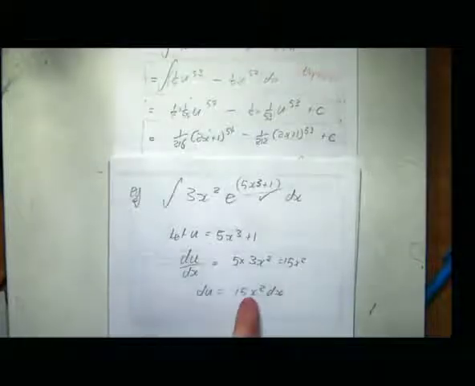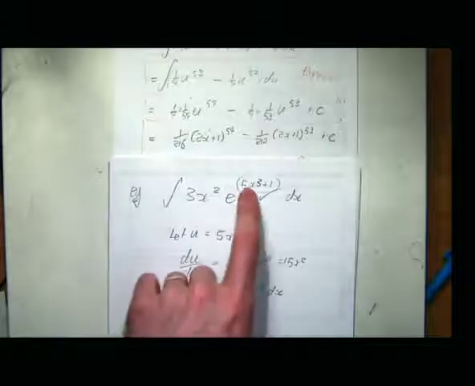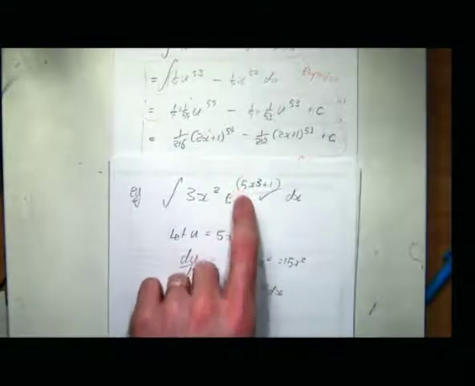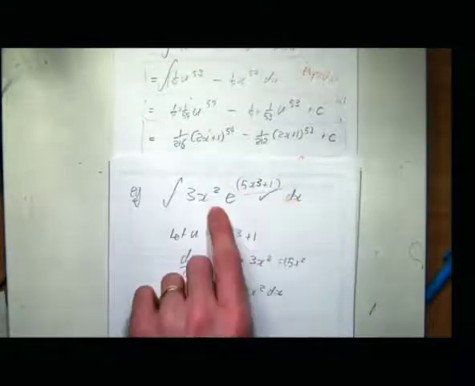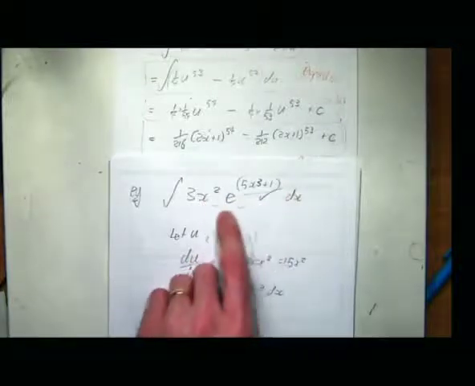Now, here's something that I do when I do substitution. I don't know if your lecturer does it that way, but this is how I do it. I look to see if I can include as much as I possibly can with the dx up here. So I've got this, that's u, and I've got a dx and an x squared. If I could join that x squared with the dx and turn it into a du, the x squared would disappear.